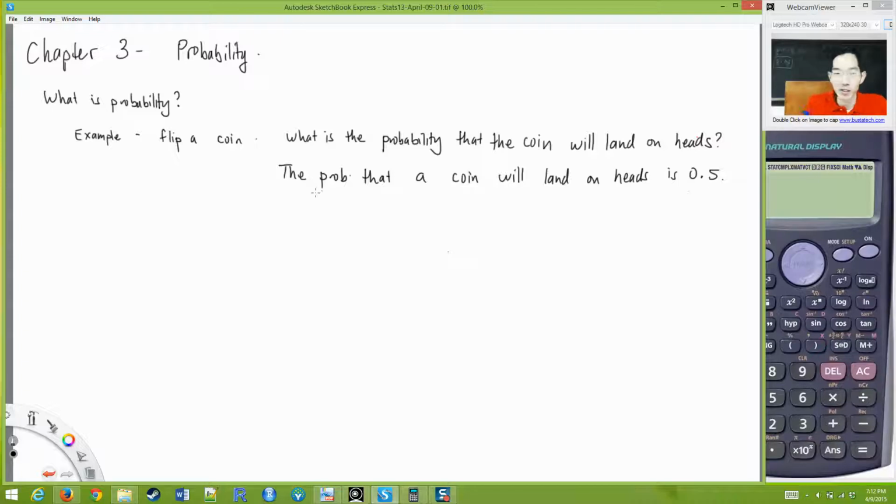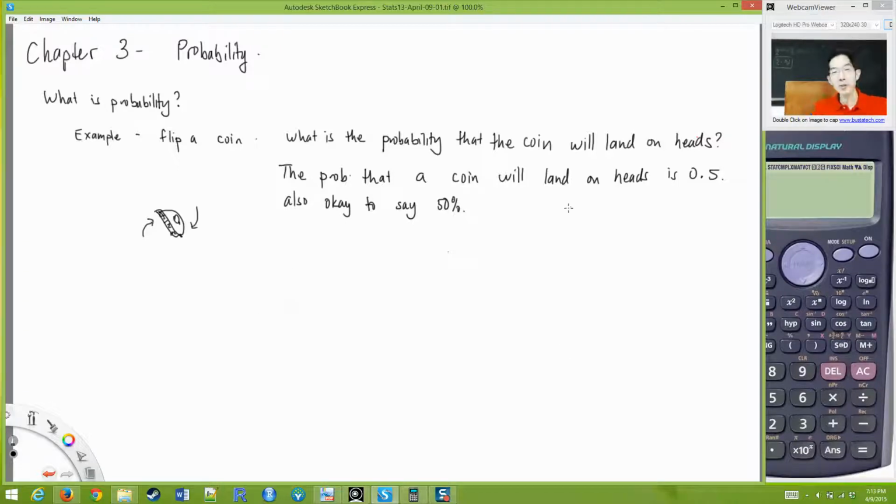Okay, but we say that the probability that a coin will land on heads is 0.5. And that's assuming we flip a coin, and it's spinning like this or something like that. It's a terrible coin. You know, there's a head over there.